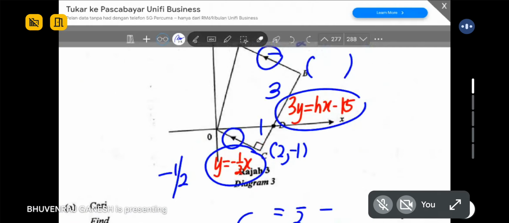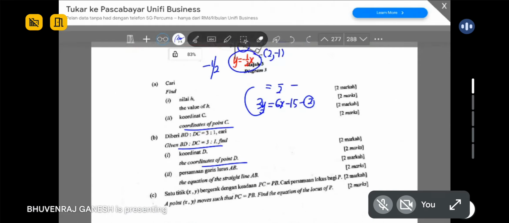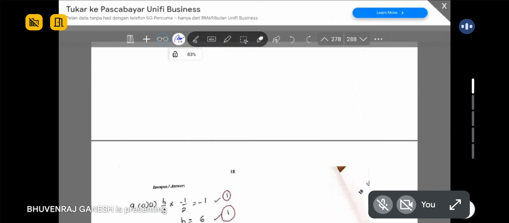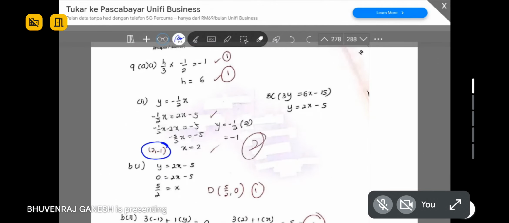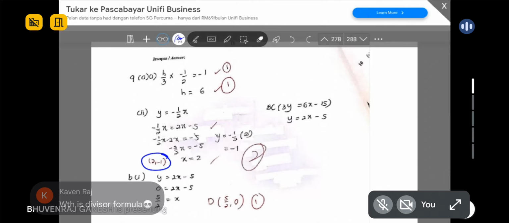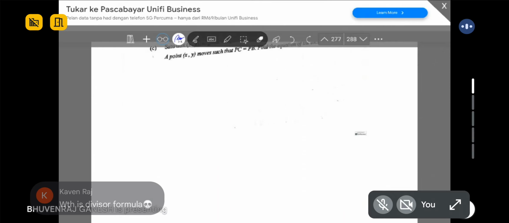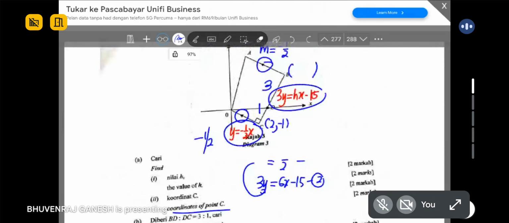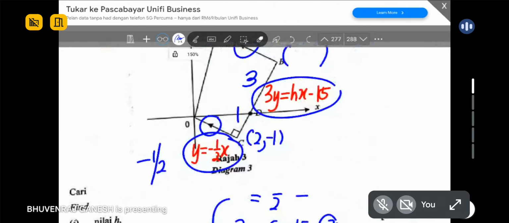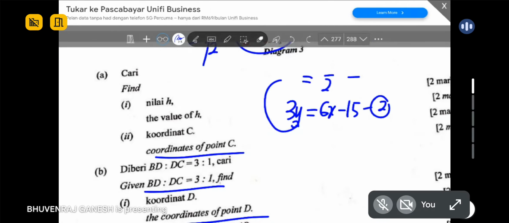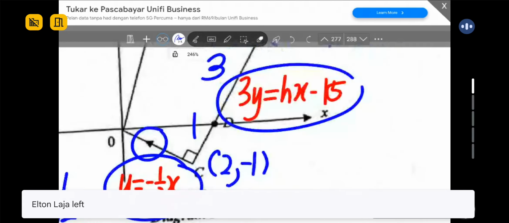Coordinate of C. So fast. Wait, guys. How come they get the answer so fast? Y equal to 0. Question wrong, coordinate D. Oh, sorry, guys. The question asked coordinate D. Oh, yeah, very simple, guys. Wow, I go and think so confusing.